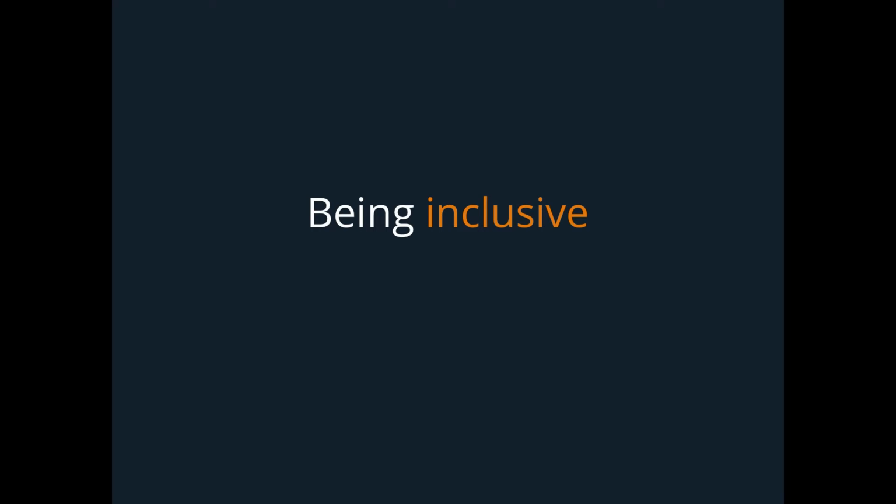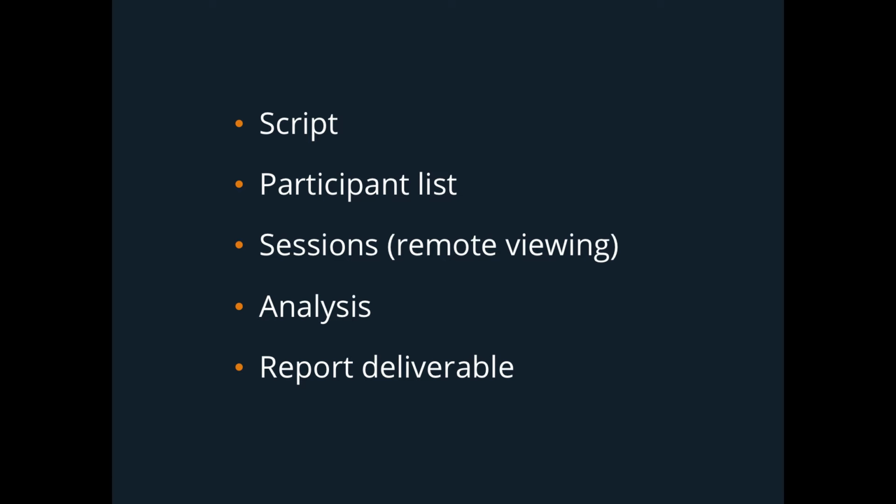So the other part is about being inclusive. Having an impact for a large part is dependent on how inclusive you can be and how much you can attract all of the different important stakeholders to be a part of this process. A key part of that, and in open source this is a much more common practice than in a lot of other projects, is to actually share everything that you do.